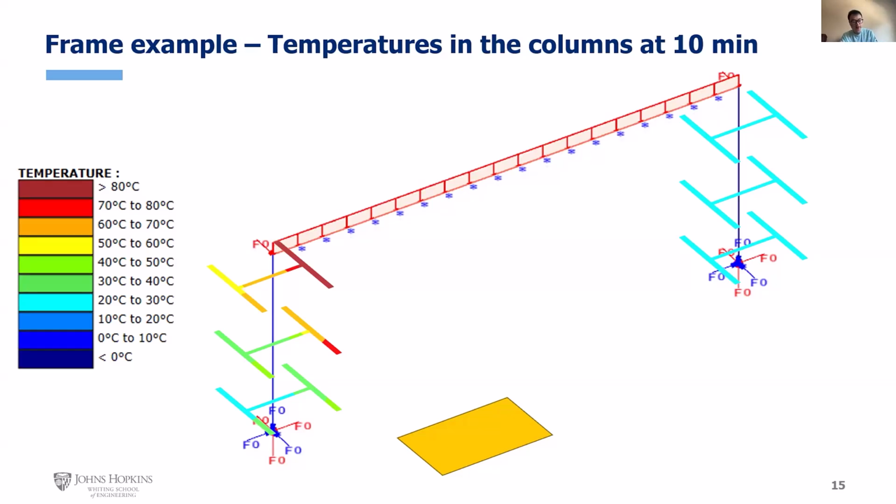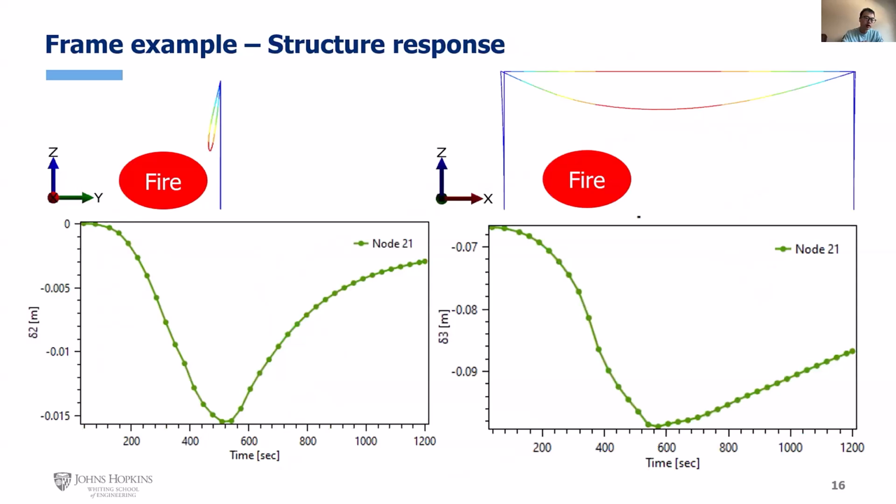In the next slides, we also extracted the mechanical response of the frame from SAFIR. On the left side, I plot the horizontal displacement at the mid-span of the beam. We can see the beam tends to deform towards the fire source, out of the plane.